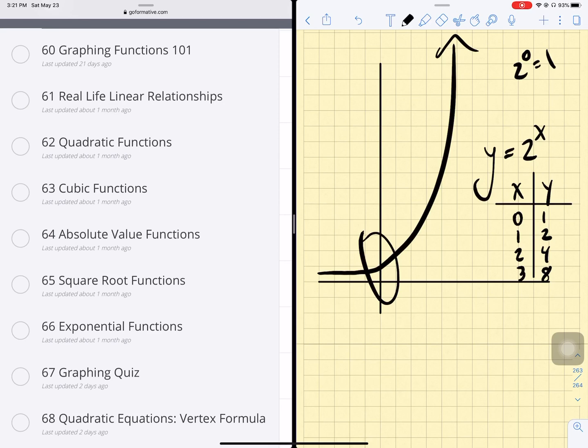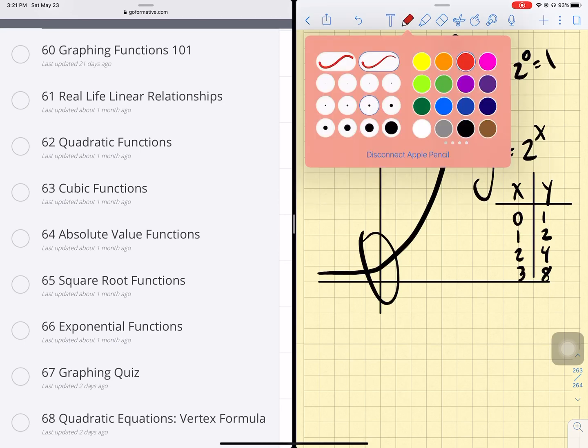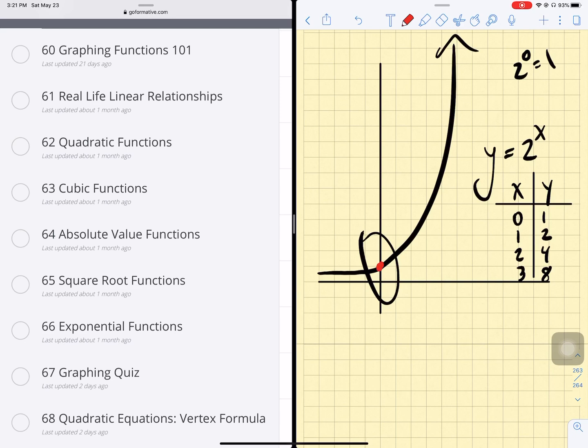So where's that at? (0, 1), (1, 2), (2, 4), and (3, 8). So this one's going to be looking like this, and up and up and up. And it does trail always kind of back here.